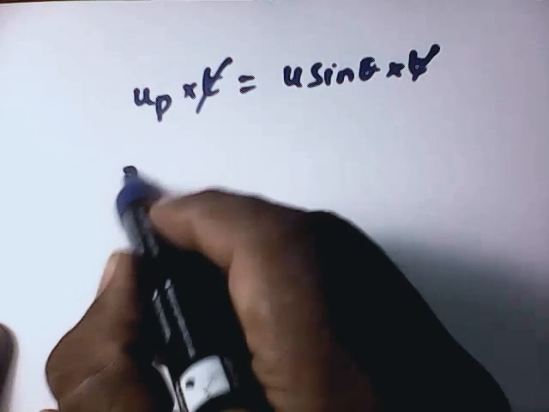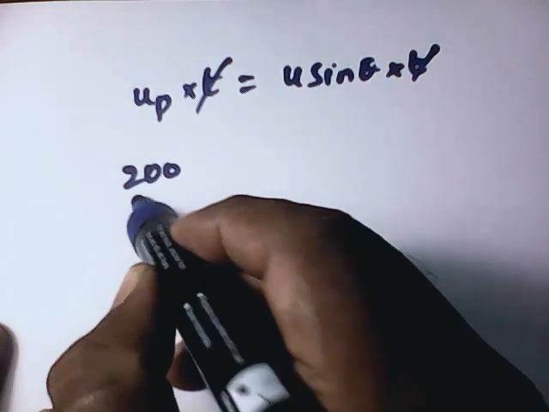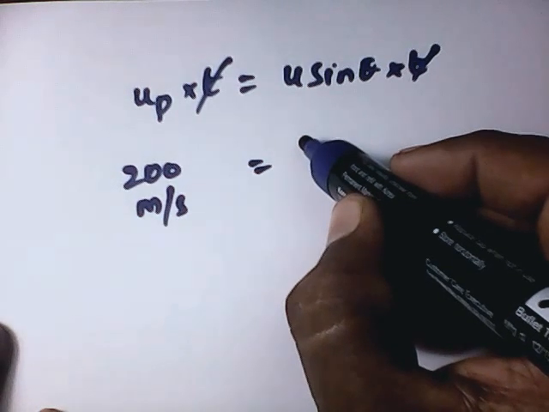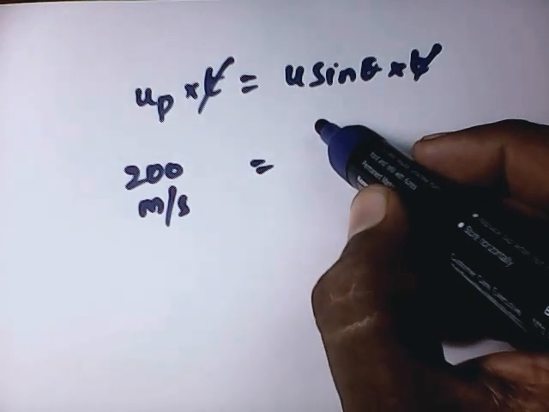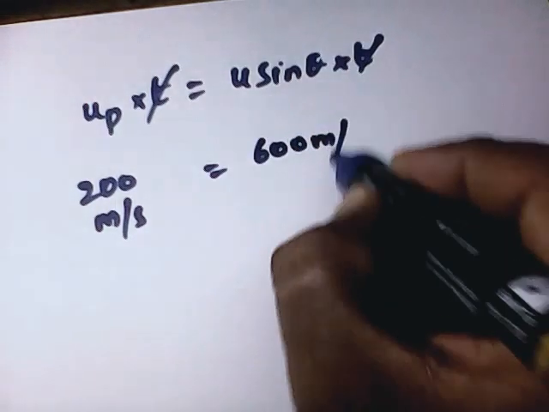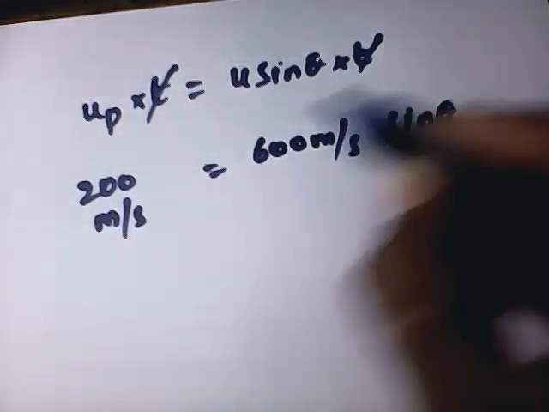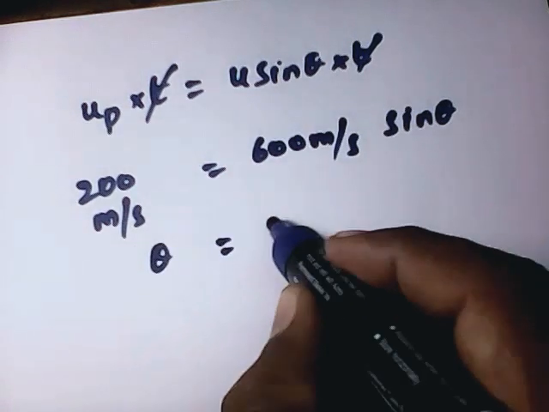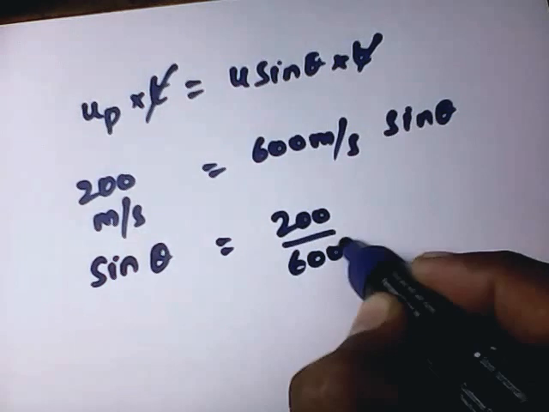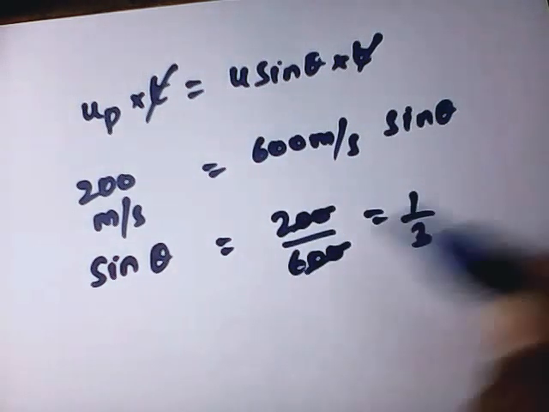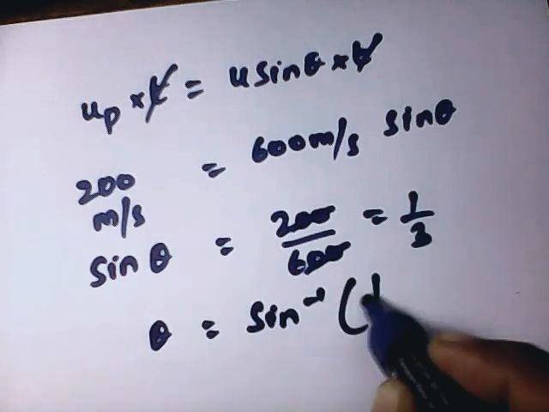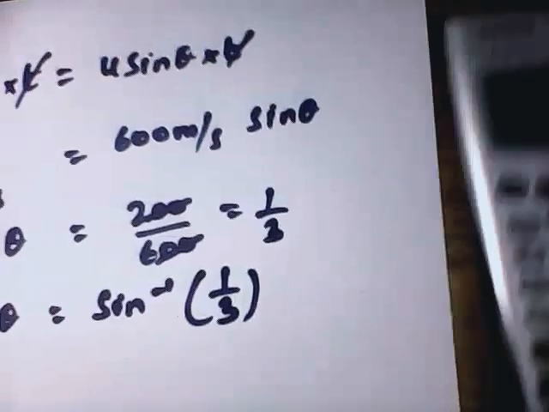UP is 200 meter per second and U is 600 meter per second into sine of theta. So therefore sin theta equal to 200 by 600, which is equal to 1 by 3, or theta equal to sine inverse of 1 by 3.